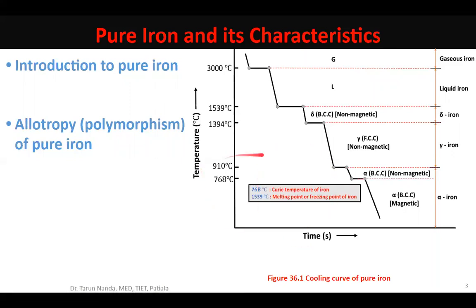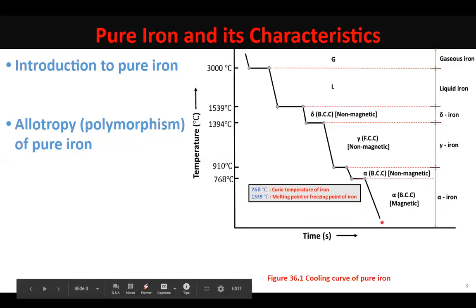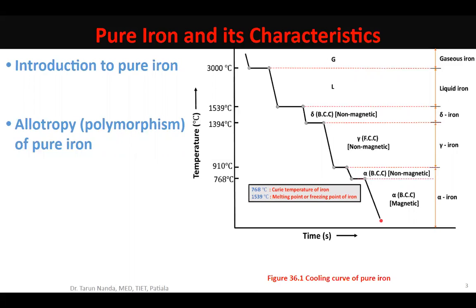Now, if you look at the cooling curve of pure iron at room temperature conditions, if we have maintained pressure fixed at 1 atmospheric pressure, iron has BCC crystal structure. So if you take a pure iron sample under atmospheric conditions, at room temperature, you will see throughout iron there exists only one phase called the alpha phase, which is BCC in crystal form.